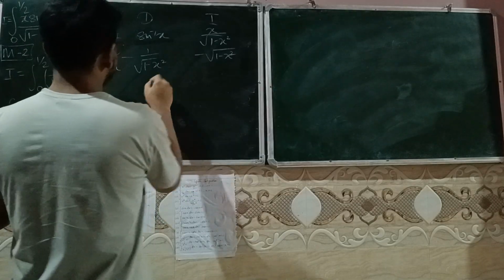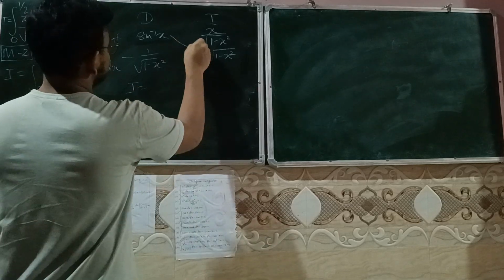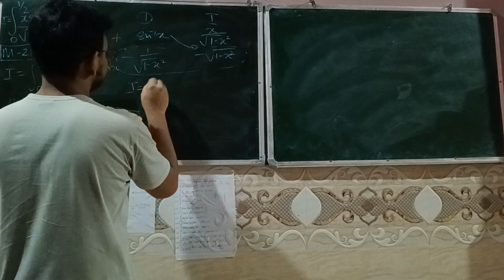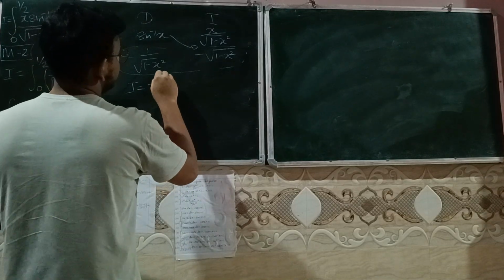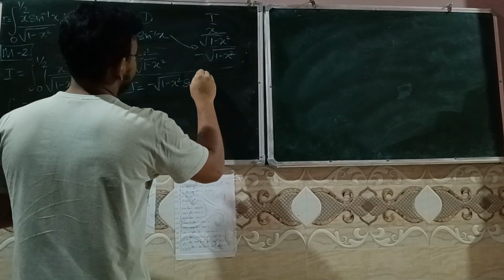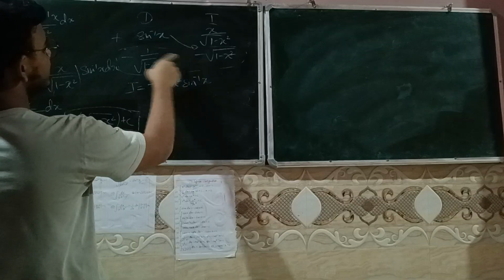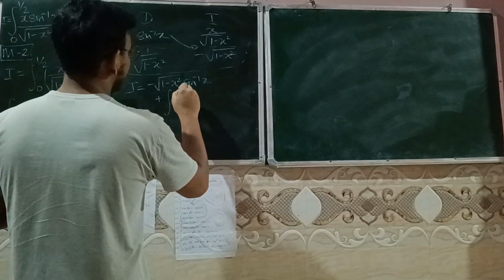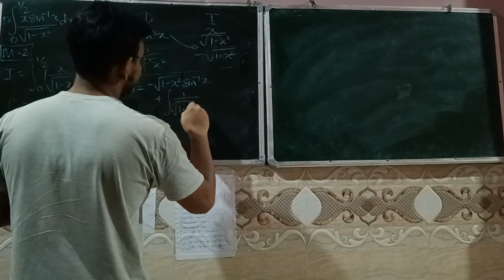So our I is this times this, minus the integral. So this is negative the square root of 1 minus x squared times sine inverse of x, and minus will be positive.